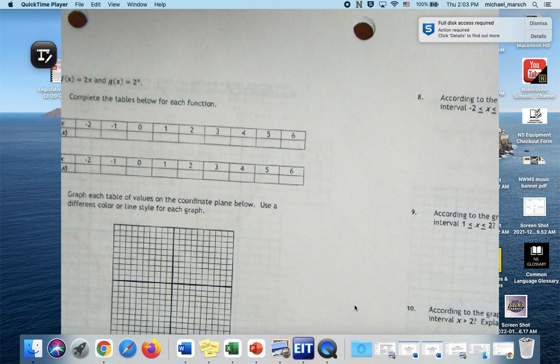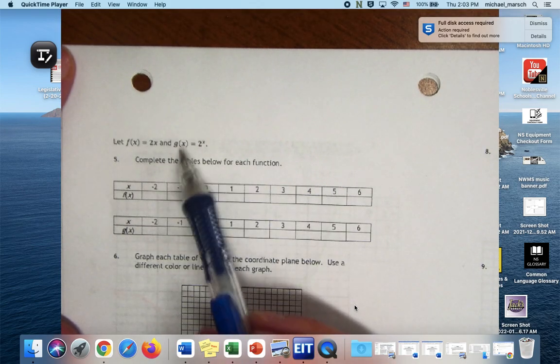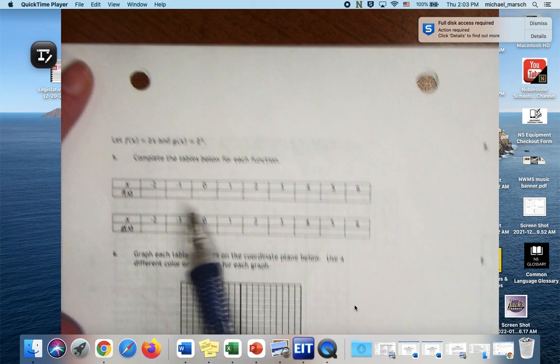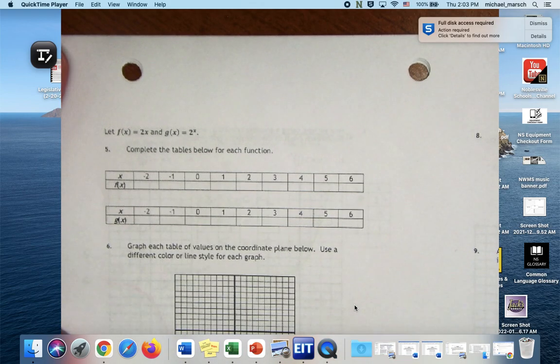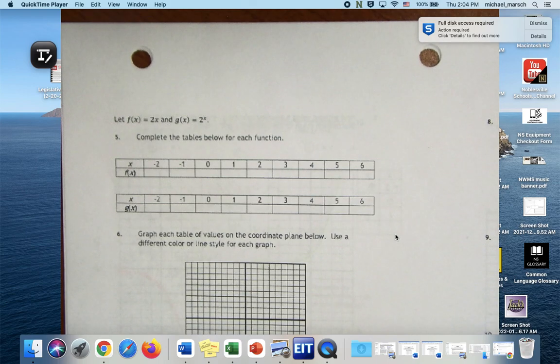Complete the tables below for each function. All right, so we have these two functions. f of x equals 2x, g of x equals 2 to the x power. In your calculator, I'm going to get out of my graphing calculator, because you're going to get some really tiny values.